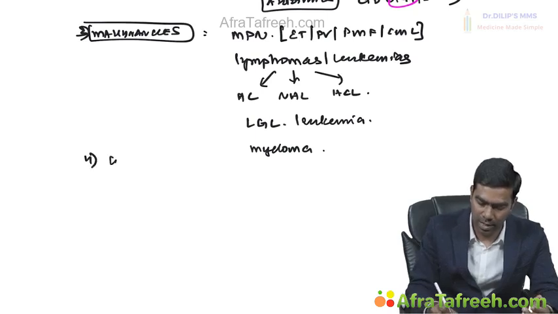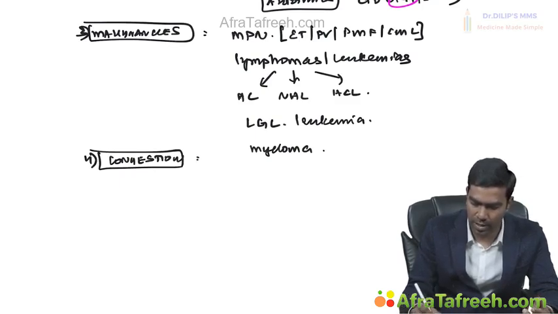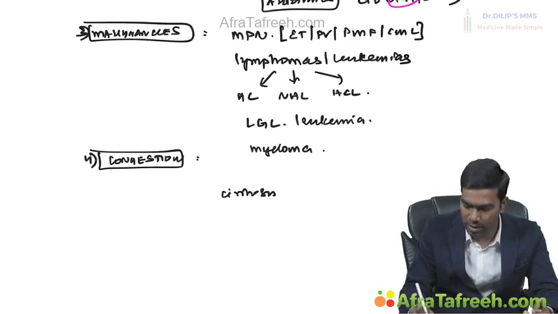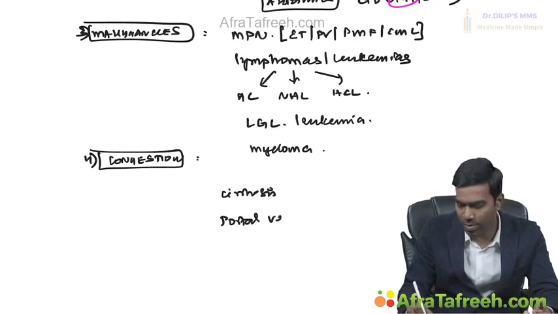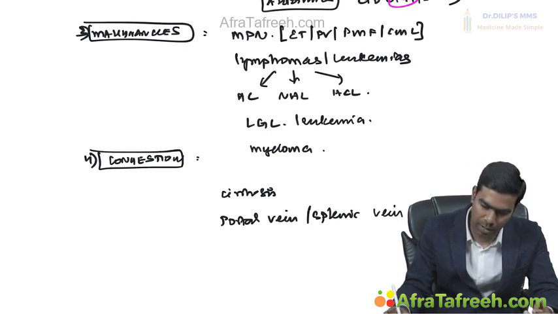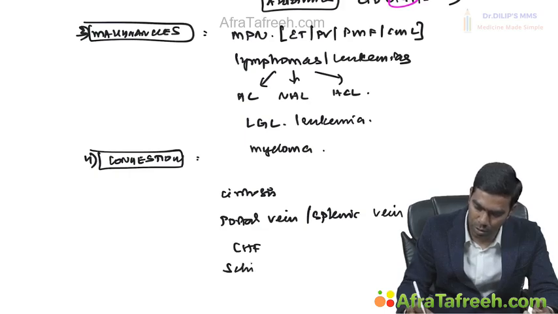Apart from that, there are congestive causes. Congestion can cause splenomegaly. So what are the congestive causes? You can see it in cirrhosis, in other causes of portal hypertension like portal vein or splenic vein thrombosis, in CHF, and in schistosomiasis.